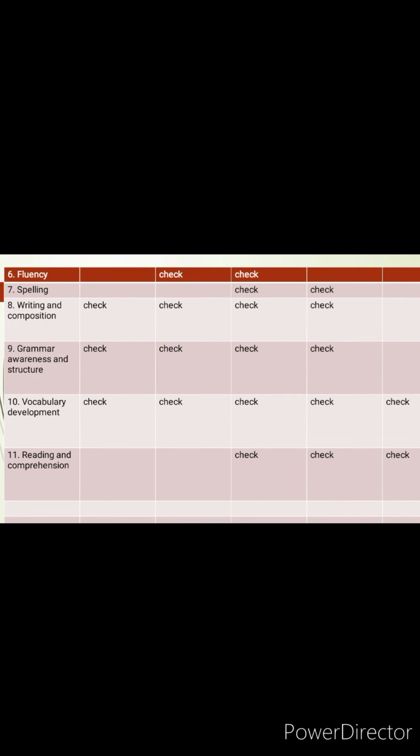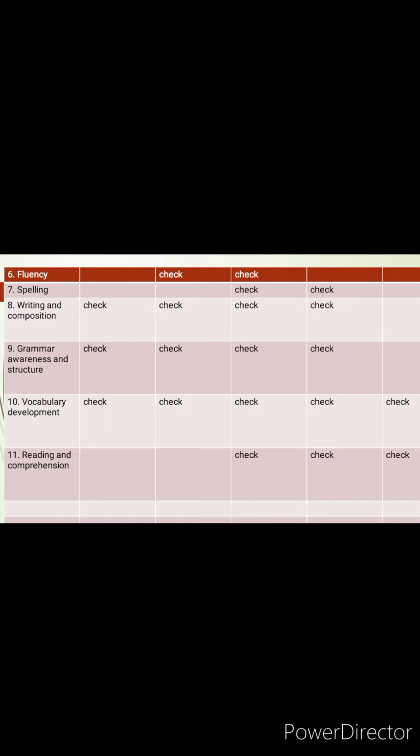Number 6 is fluency. The substrands we use here are speaking and reading. Number 7, spelling. The substrands we use here are reading and writing.